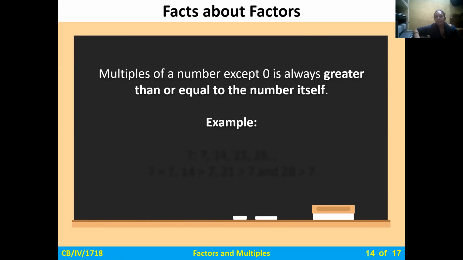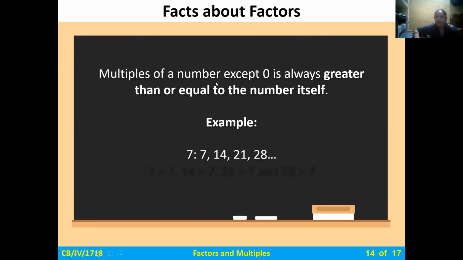You always start any table by multiplying the number by 1. 7 ones 7, 7 twos 14, 7 threes 21, 7 fours 28, 7 fives 35, 7 sixes 42, and so on. Have you ever started any table with 0, like 7 zeros? Because whenever we multiply any number by 0, we always get 0. That is why we have written except 0.